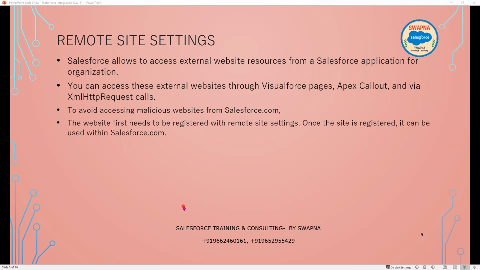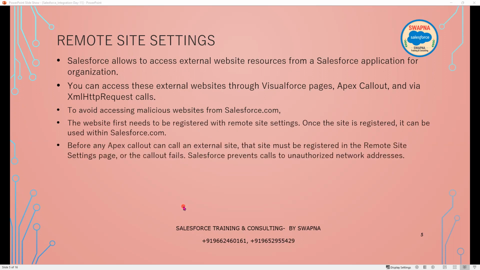Once the site is registered, it can be used in Salesforce.com for implementing the Apex or calling any other logic through the Apex. Before any Apex callout can call an external site, the site must be registered in the remote site settings page.